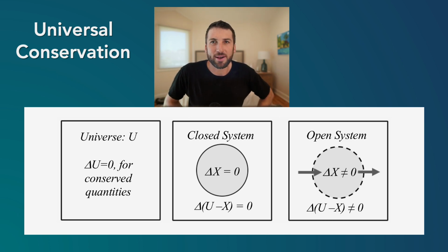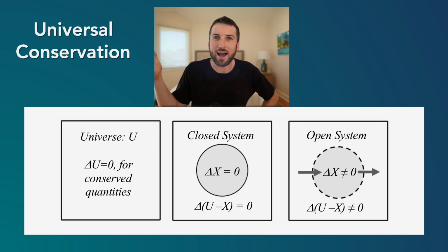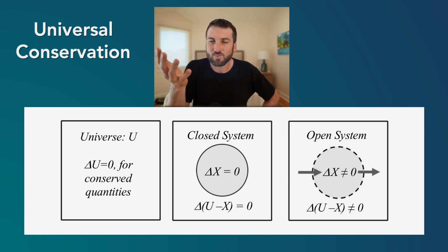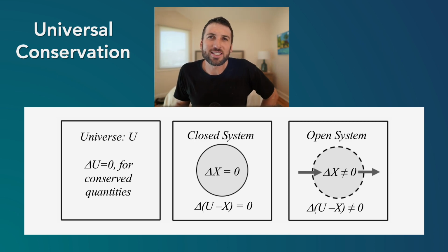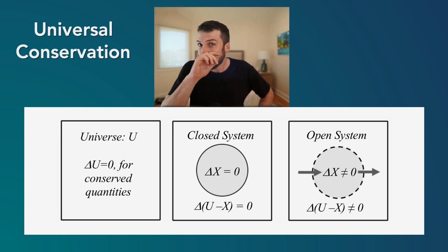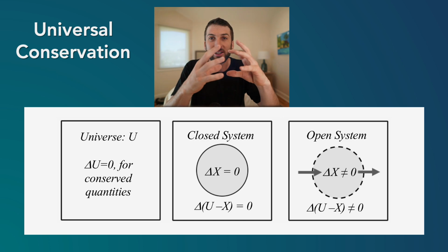Additionally, this can also be thought about in terms of an open system. So if the change in conserved quantities is not equal to 0, so there's a flux over this open system with conserved quantities, like imagine an input energy, then everything outside of the system in the universe must also have a change. So this is basically saying you don't get free energy, right? If energy is conserved, energy is not just instantly coming inside of this boundary from nowhere.